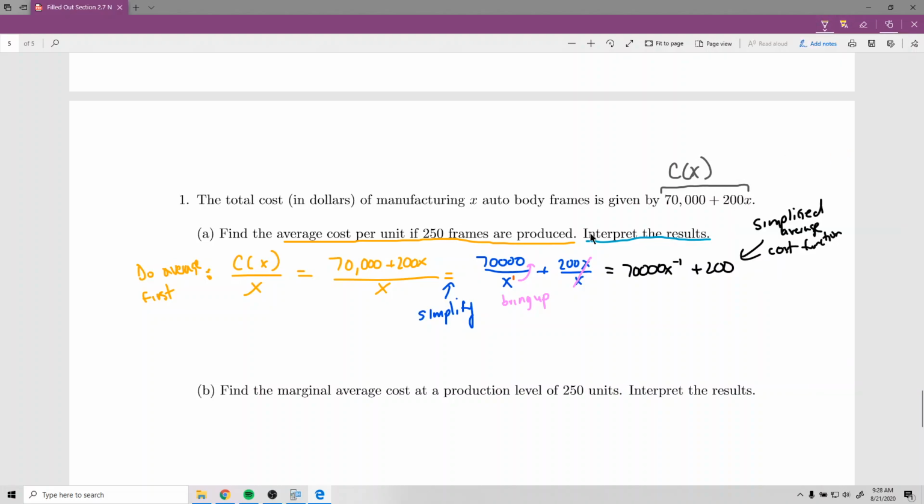Now we're not done in this problem because we want it if 250 frames are produced. So now we want to plug in x equals 250 to the average. Figure that out. We got 70,000 times 250 to the -1 power plus 200. And then you can type this in your calculator.